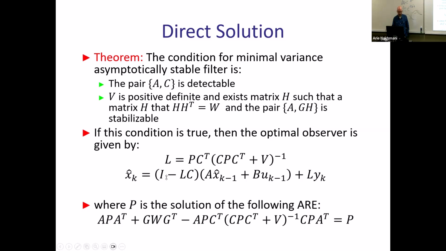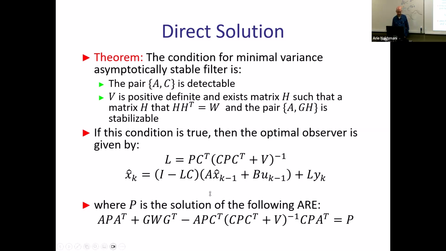So pay attention that you can write that same thing differently. It's I minus LC times that thing, which is the regular observer function, multiplied by the previous estimate, plus L times Y of K. So L could come out of the parentheses in a way, okay? So it's L times, practically speaking, the difference between the Y's: Y minus Y estimated.